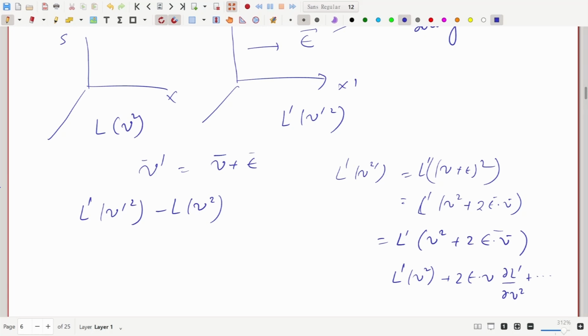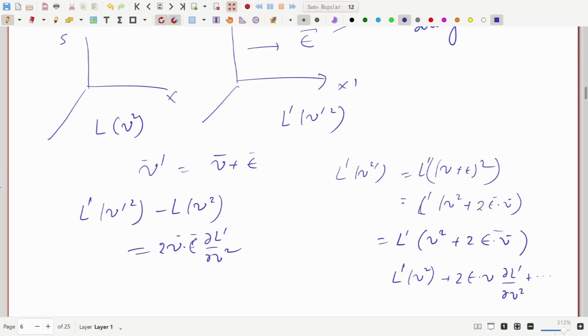So L'(v'²) minus L can be written as 2 epsilon·v times ∂L'/∂v². Because these are two inertial frames, they should describe the same system.